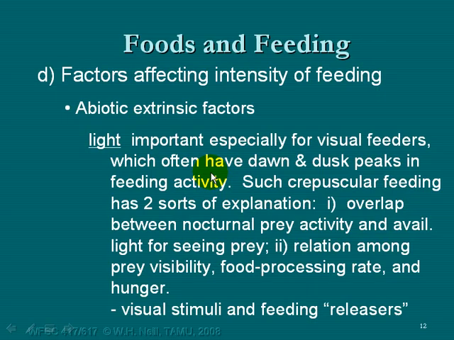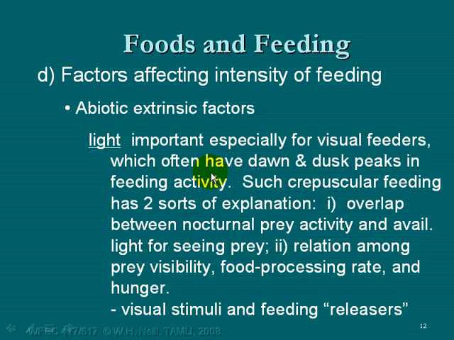One is that you want to be active in feeding when your prey is active, and if you're a diurnally active predator feeding on a nocturnal prey, then you better find a time near dawn or dusk to get at it. So you got to have an overlap between the activity of the prey and enough light to see the prey.